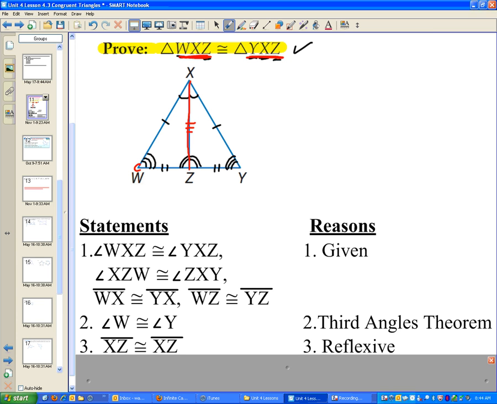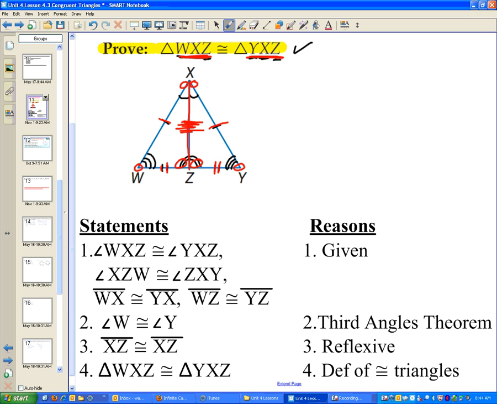This angle W was congruent to that angle Y. This angle X here was congruent to that angle X there. That angle Z to that angle Z. That side WX does match up with YX. WZ does match up with YZ. XZ does match up with XZ. They all matched up just like they were supposed to. So all we got to do now is say it.